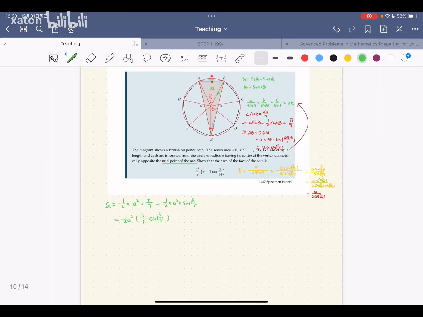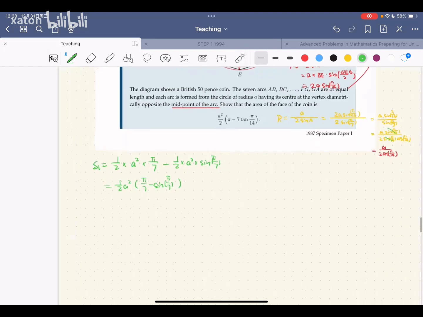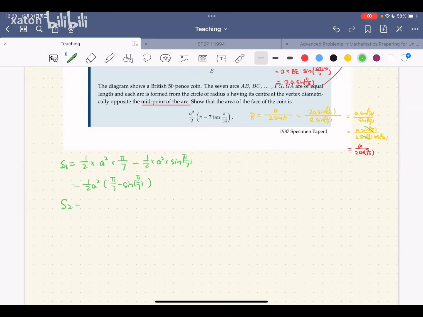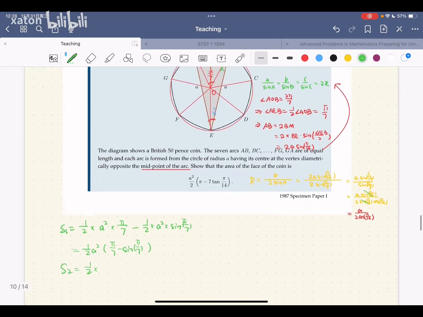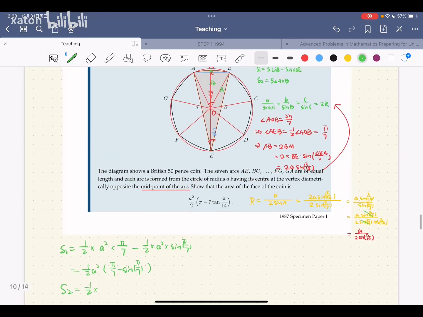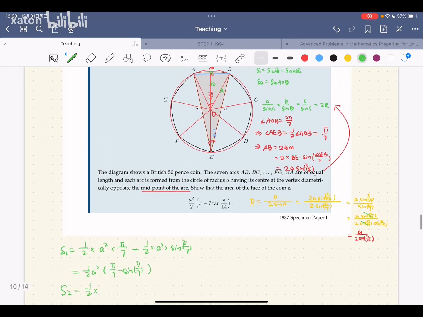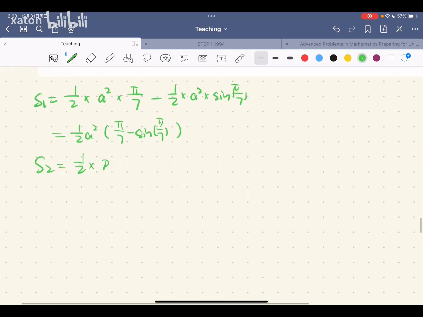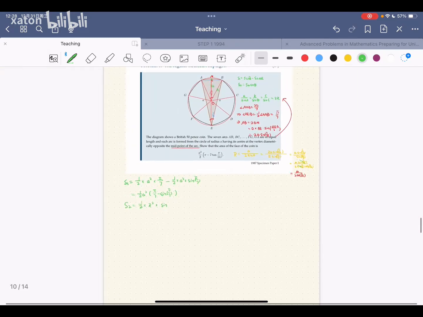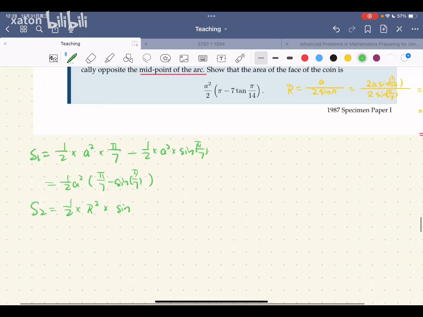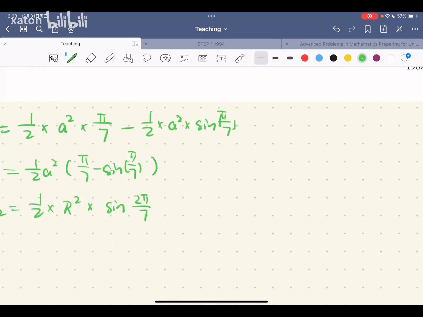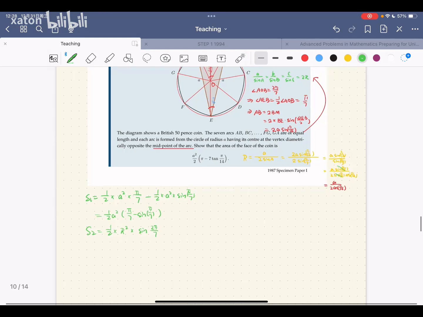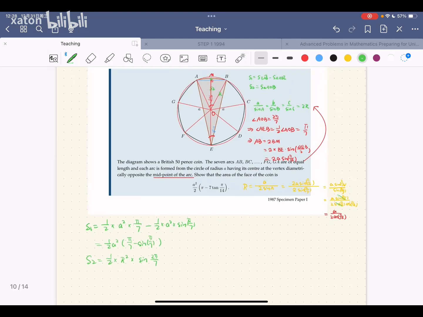Now we are looking at S2. S2 equals half times R squared times sine of the angle AOB. The angle AOB is 2 pi over 7, right? Did I make a mistake? No, I didn't.